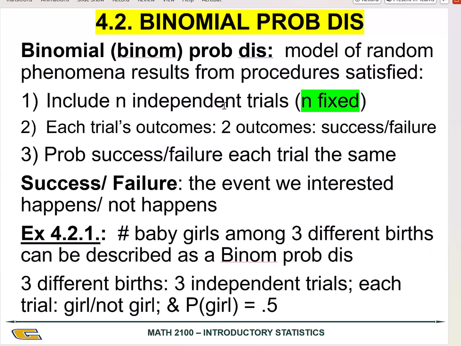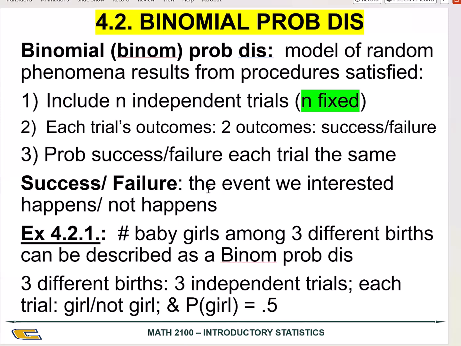First of all, the procedure must come from n independent trials. N is a fixed, given number. The second condition is that each trial only has 2 outcomes, either success or failure. It should be noticed that success and failure here don't mean good or bad. It just means the event we care about happens or not.